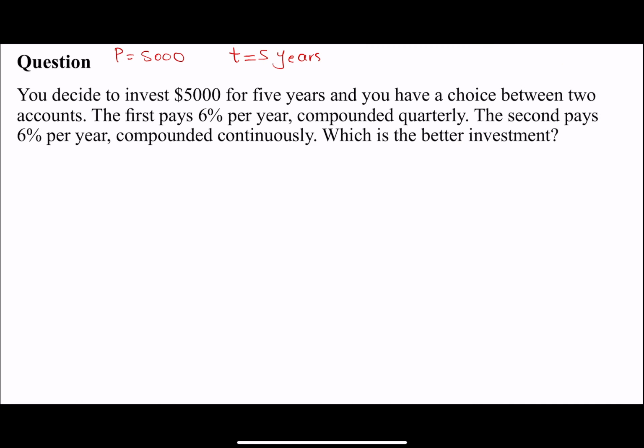First choice, it says pay 6%, so r is 0.06, compounded quarterly, so n is equal to 4. And second option, 6%, so r is 0.06, compounded continuously.